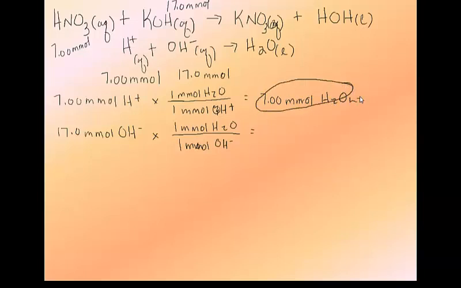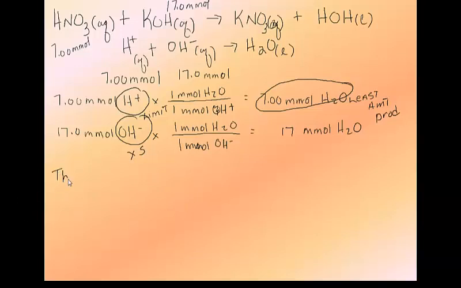This is going to be my least amount, because the other one's going to make 17 based on the stoichiometry. This is my least amount of product, my least amount of water, therefore this is my limiting, and this is my excess. So I have theoretically produced seven millimoles of water.